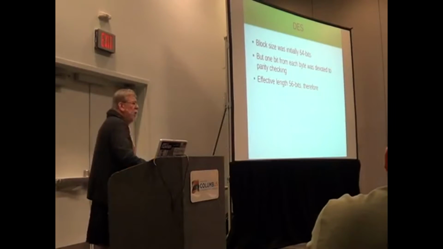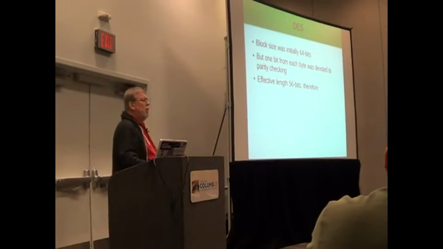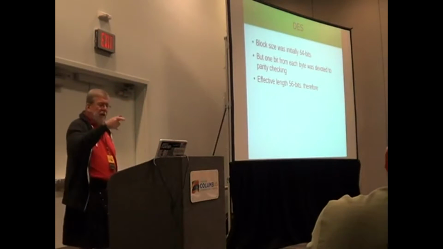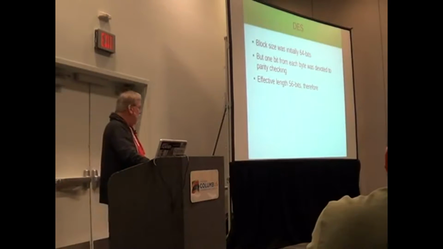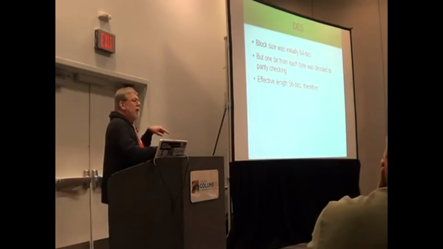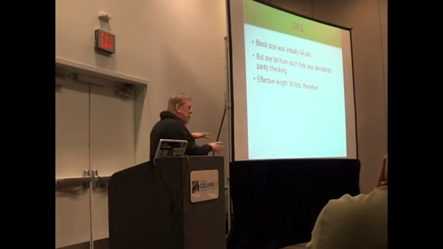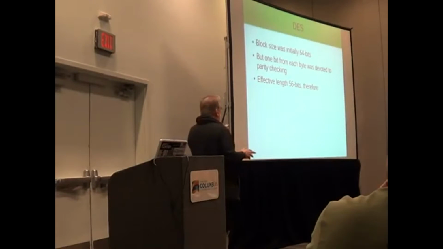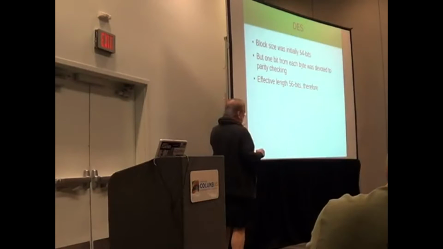Now, the Data Encryption Standard was one of the initial ones. Block size was set at 64 bits. And you will not be surprised to hear, although IBM was doing this for the government, another part of the government, a 3-letter agency, said, could you make it a little bit weaker?